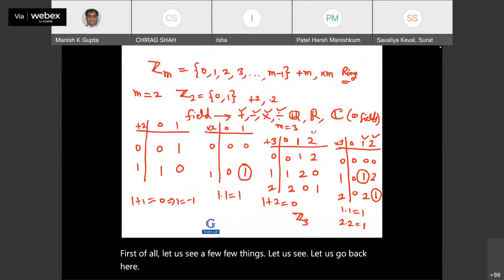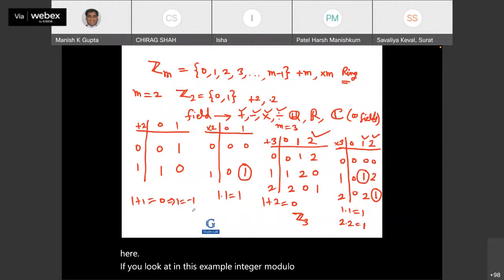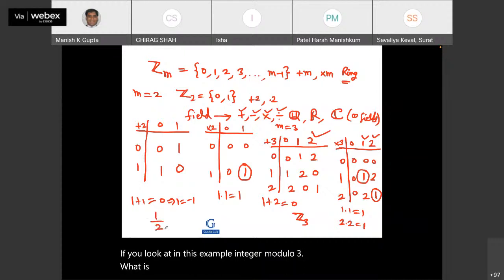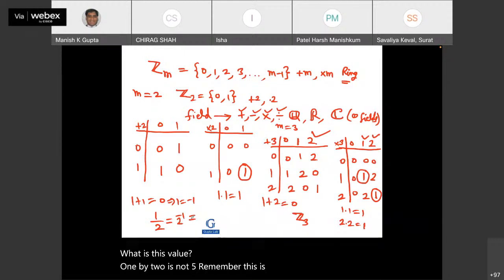If you look at this example, integer modulo 3, what is 1 by 2, which is nothing but 2 inverse? What is this value? 1 by 2 is not 0.5. Remember, this is 2 inverse. What is 2 inverse here?